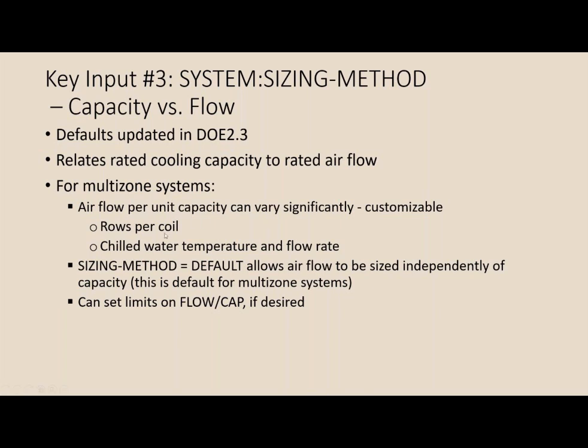The reason that generally makes sense is that in a built-up multi-zone system, there's the ability to size the coil independently of the airflow. You can choose to put more rows in the coil or a bigger coil or do different things with temperature set points to enable the airflow per unit capacity, or CFM per ton values, to be different.